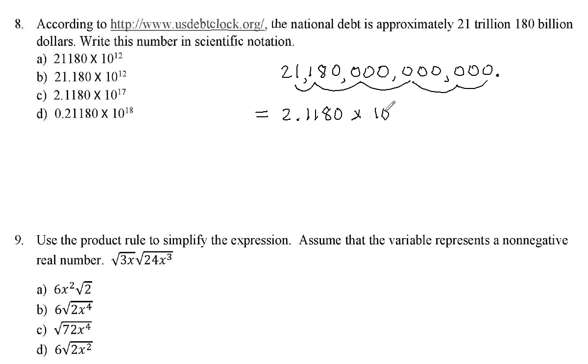Times 10 to the 13. There we go. And so 2.118 times 10 to the 13. And if we look over here, that is choice C. 2.1180 times 10 to the 13. So 13 places that the decimal was translated.